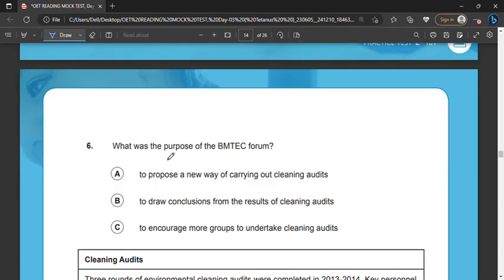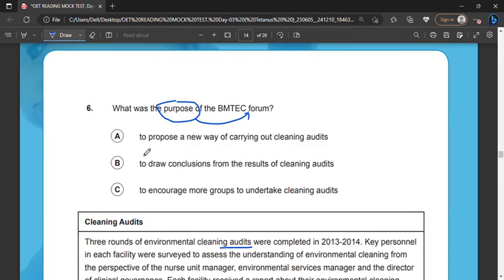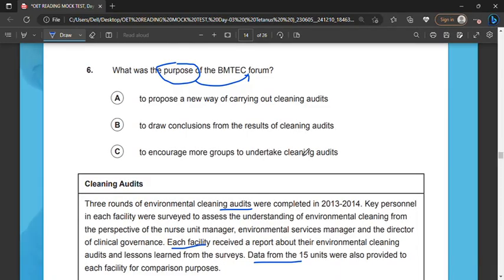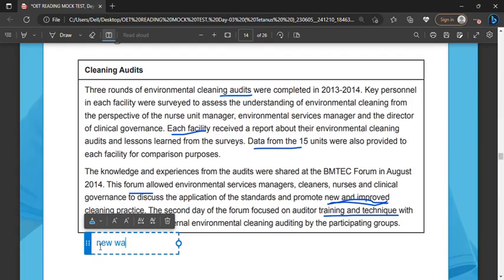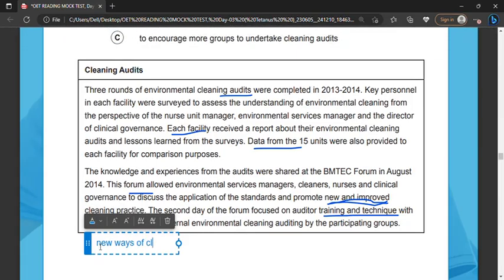So what was the purpose of the BM Tech form? The first answer option: to propose a new way of carrying out cleaning audits. This is not the answer. Why? In the paragraph they are talking about new ways of cleaning practice, not audits.